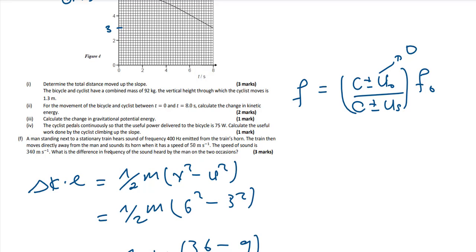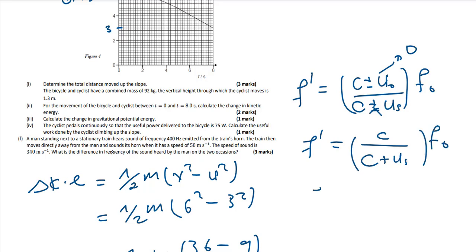Now if the source is moving away from the observer, what will the apparent frequency F prime look like? It's definitely going to decrease, so what is in the denominator should increase, so it cannot be negative. So F prime will simply be C divided by C plus US, all of this times F0.